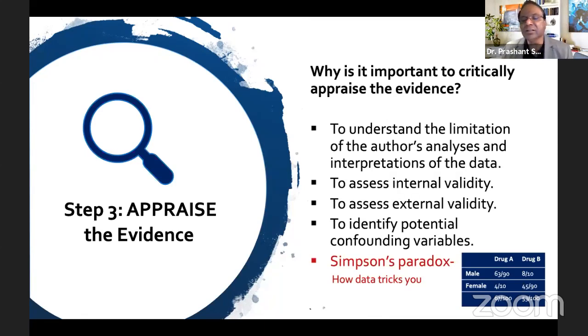Now, if you look at drug A in the case of females, it cures only 40% of infections, and you have 10 females in that group. So it will be 4 out of 10, 40%. In the case of drug B, it cures 50% of infections, and you have 90 females in that group.